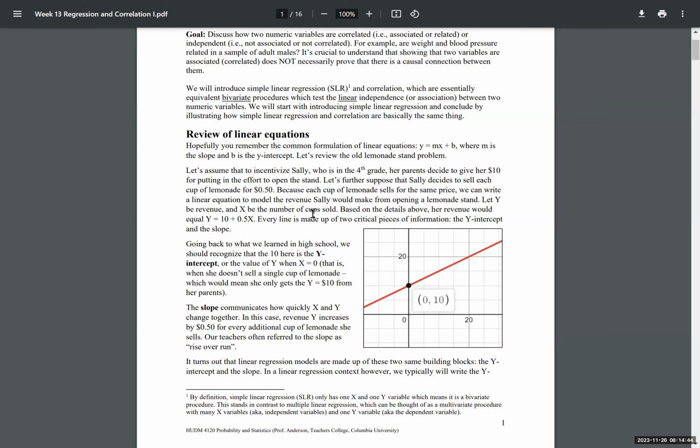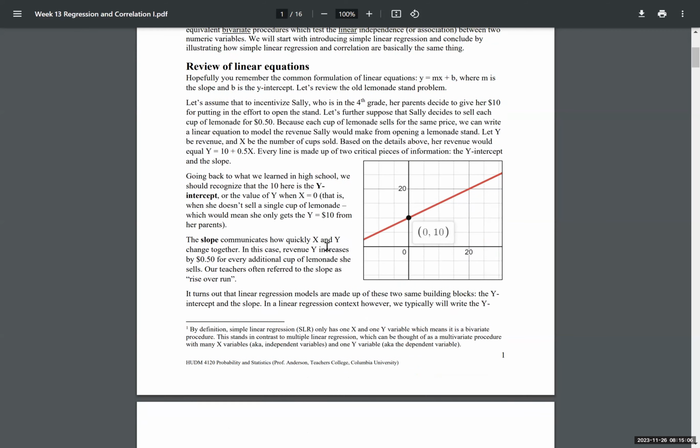And once we're in a situation like that, that is, we're really modeling social phenomena, we're going to have to use a slightly adapted version of this linear equation. We're going to use something called a simple linear regression equation, a simple linear regression model. And it's the same thing, it's the same equation, we just add error to it, and we'll be talking about that error here in a second.